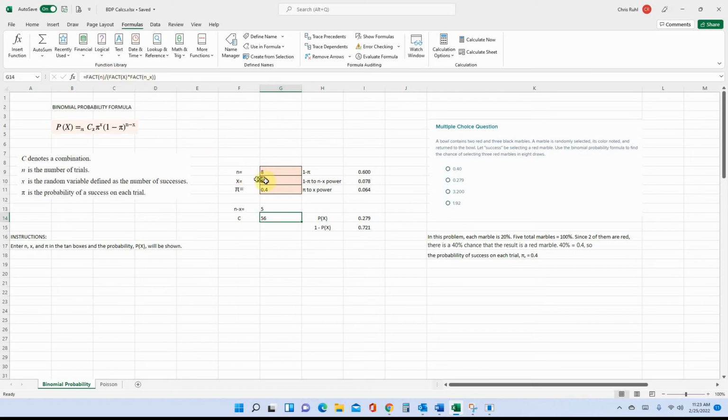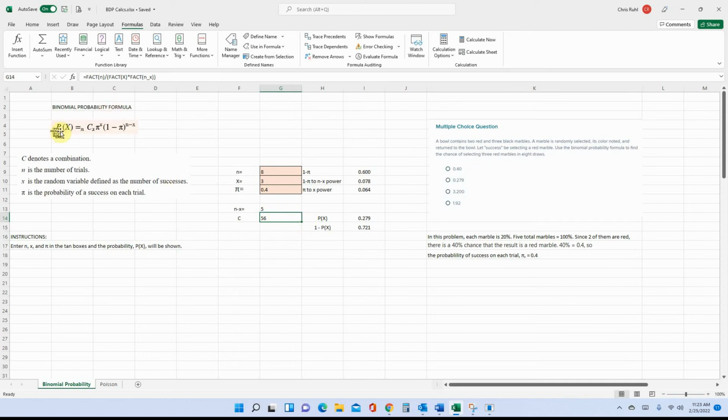The factorial of x, so 3 exclamation point, times the factorial of n minus x, this one right here. So the factorial of x times the factorial of n minus x. We get that product, and then we take the factorial of n divided by that product, and it comes out to be 56.